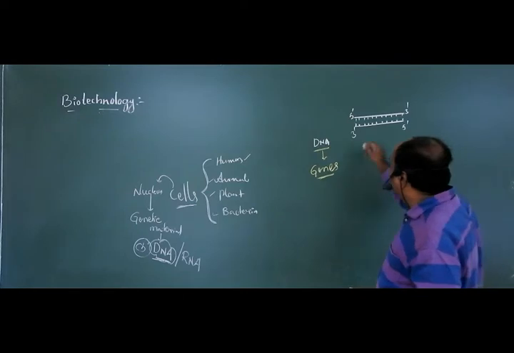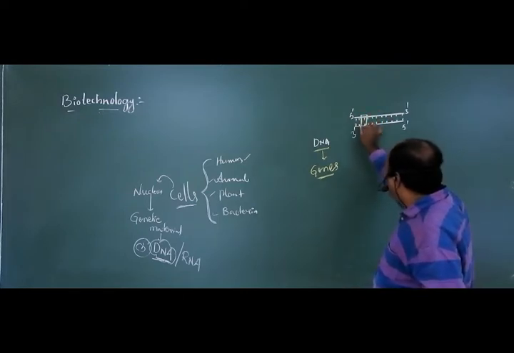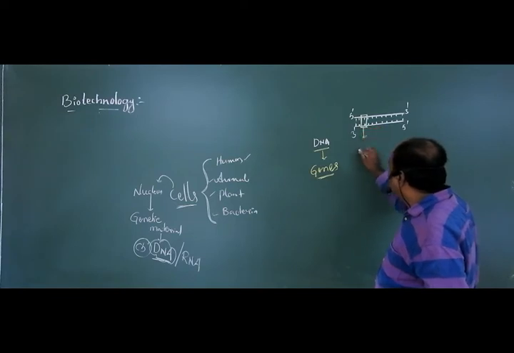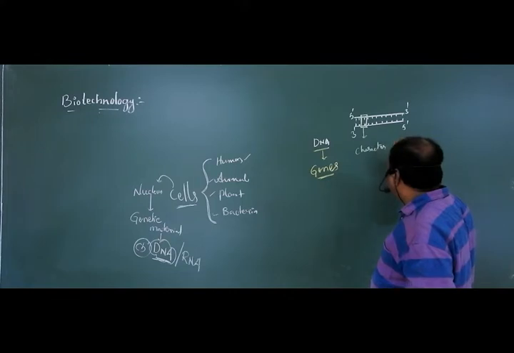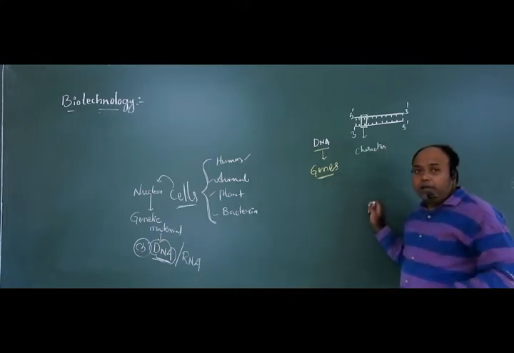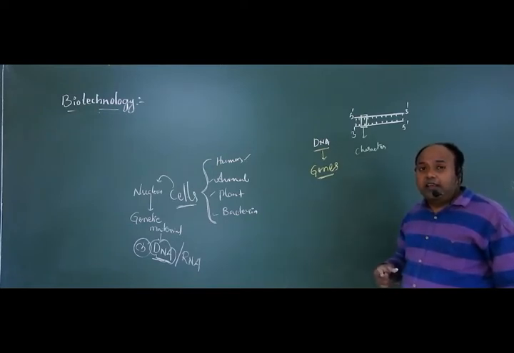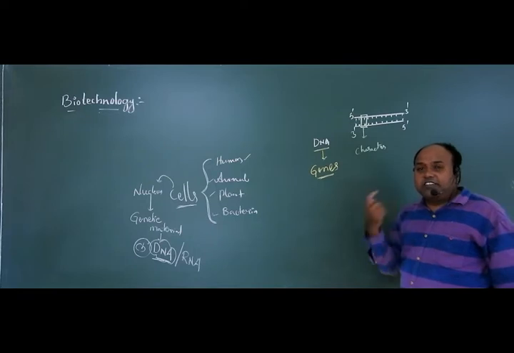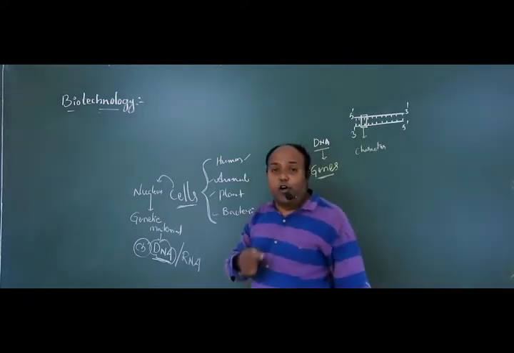A gene is nothing but a small portion or part of the DNA which represents a character. Listen carefully. A gene is a part on the DNA and it represents a character. It is responsible for a character in the organisms.